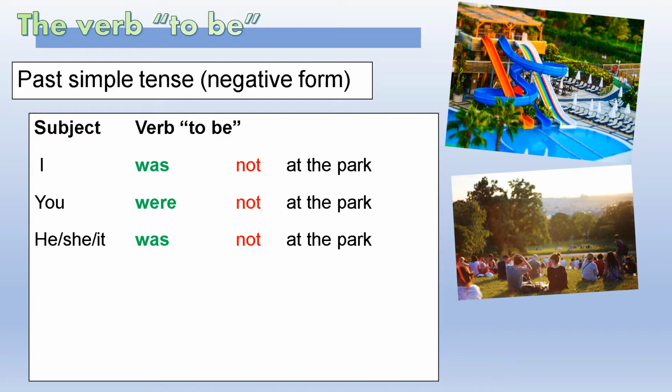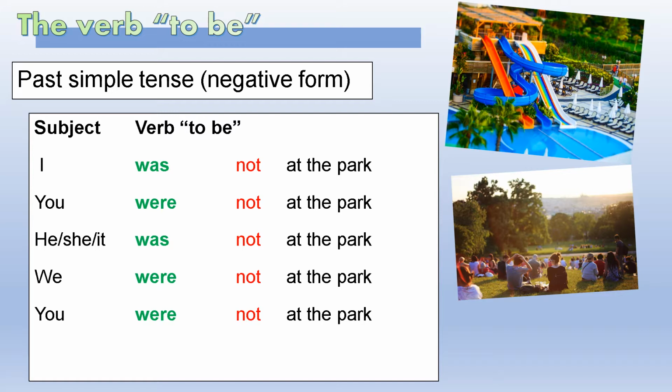She was not at the park. It was not at the park. We were not at the park. You were not at the park. They were not at the park.